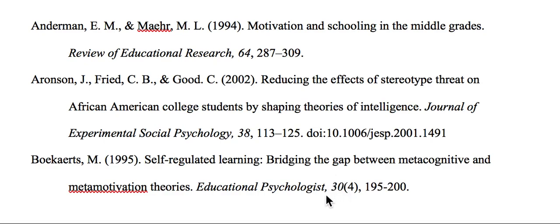Some journals have really high volume numbers and might have higher issue numbers, so you know the journal's been around for a lot longer. This Educational Psychologist is a lot further along now, but it was still pretty decent and had quite a few volumes when this was printed, because some more reliable journals have been around for a long, long time.